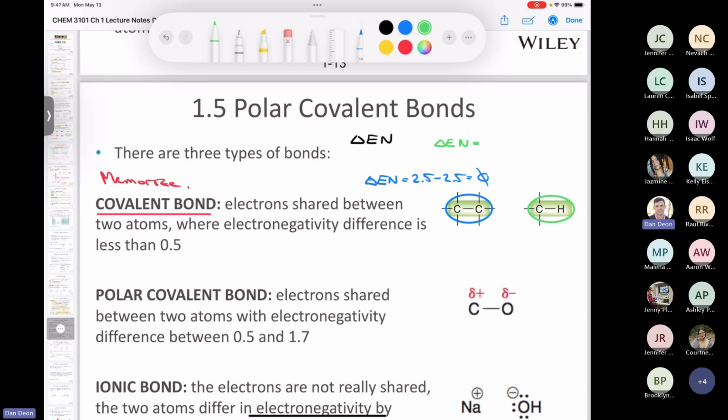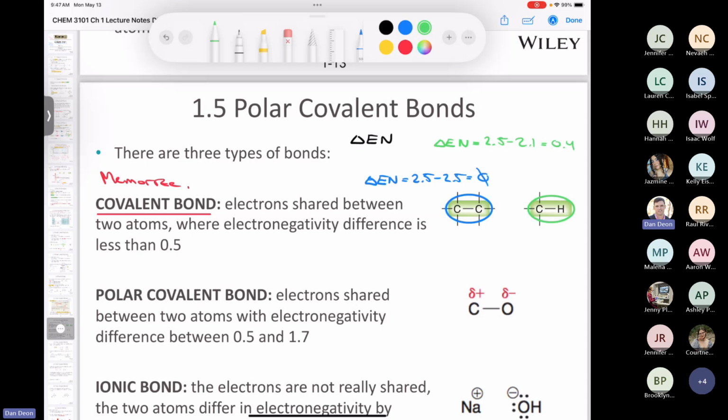And remember, we take the absolute value. So you can put the bigger number first. Could anybody tell me the difference in electronegativity between these two elements, carbon and hydrogen? It's not a trick question. Carbon is 2.5, hydrogen is 2.1. Exactly. So 2.5 minus 2.1, and we get 0.4, like that.